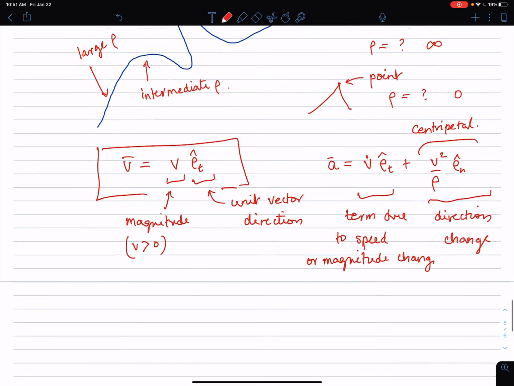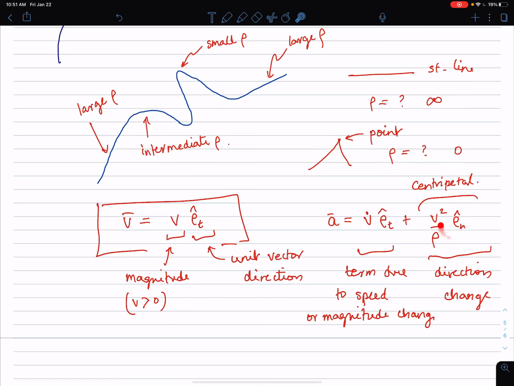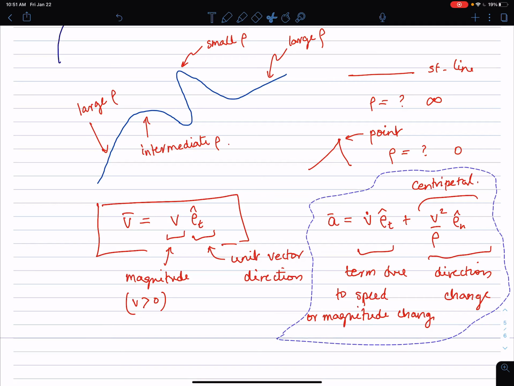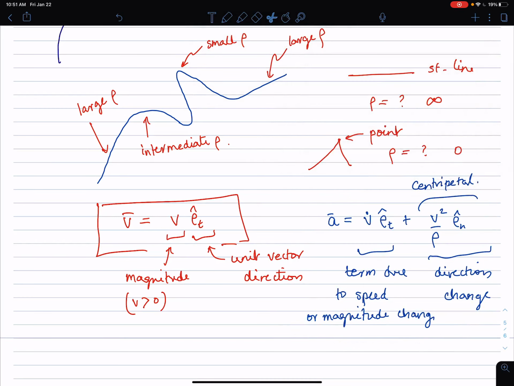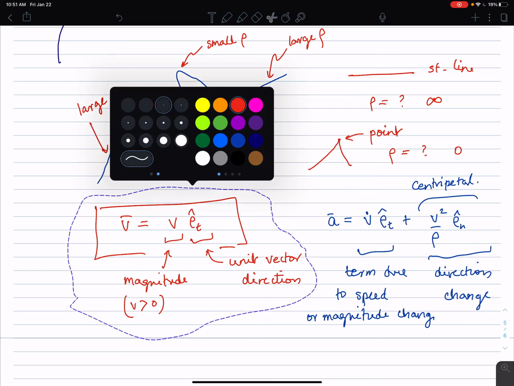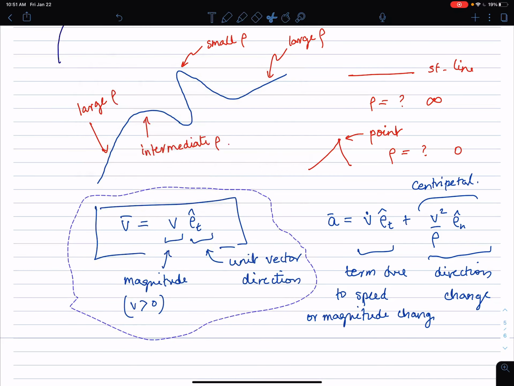It's always toward the center, right? So en, the normal direction, is defined to be always toward the center of the curve, and that's basically the centripetal term. Okay, so this is velocity and acceleration.